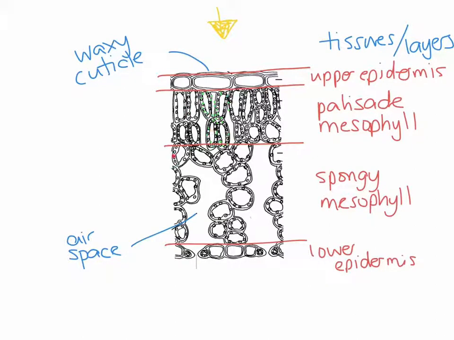And there's quite a few, but not just as many, in the spongy mesophyll layer. And that's really good because the palisade mesophyll is going to get a lot more sunlight than the layer below it. So the sunlight can pass through the upper epidermis. If you look closely at it, you'll see it doesn't have any chloroplasts. So it's not green, it's transparent, it lets all of the light through.